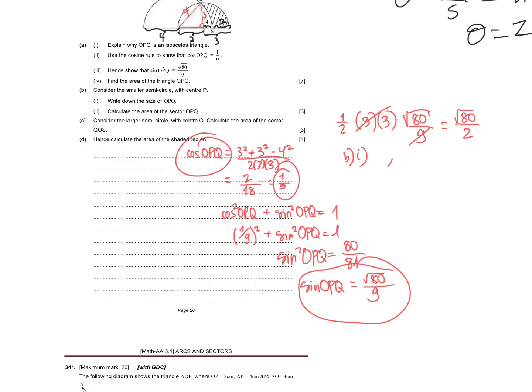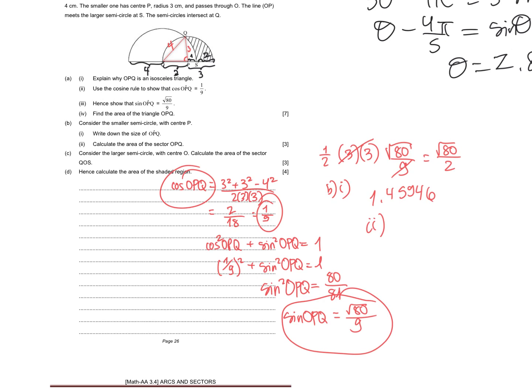So in radians, this is 1.45946. Now calculate the area of the sector OPQ. So we need 1/2 r squared theta, which is this. So 9 over 2 times that 1.45, which is 6.57.